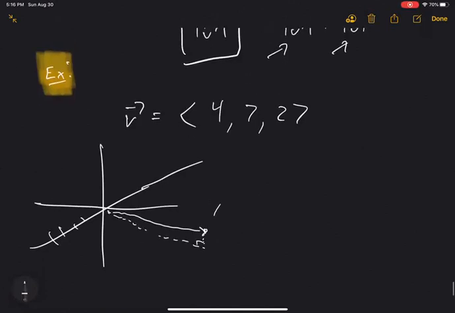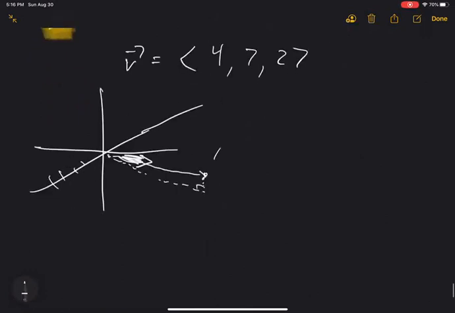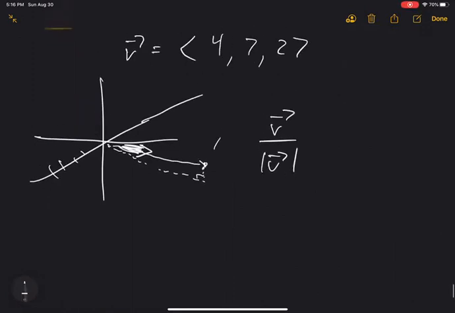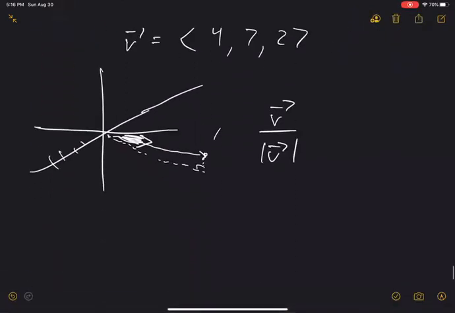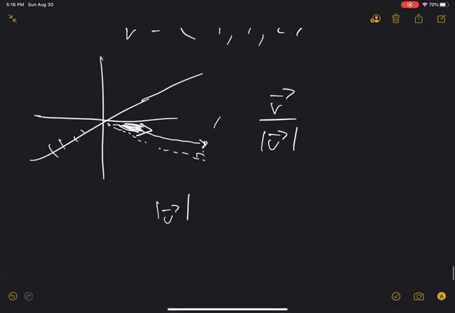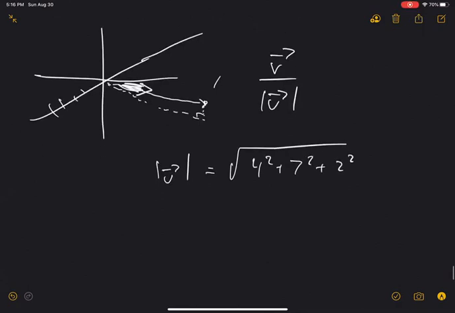Now, let's say I want to find a unit vector pointing in that same direction. Okay. Well, it should be V over magnitude of V. Okay. Well, what is the magnitude of V? So that's what? 53 plus 16, 69.